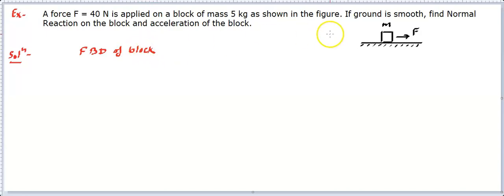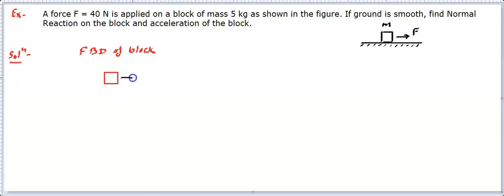If there are multiple blocks, then you can think of which block is of your interest and whose FBD you require to solve the problem. So you draw the free body diagram of the required system. And here we have chosen this block because it is the simple one. So the block is the only thing that we can see apart from the ground, right? So what are the forces that are going to act on this block?